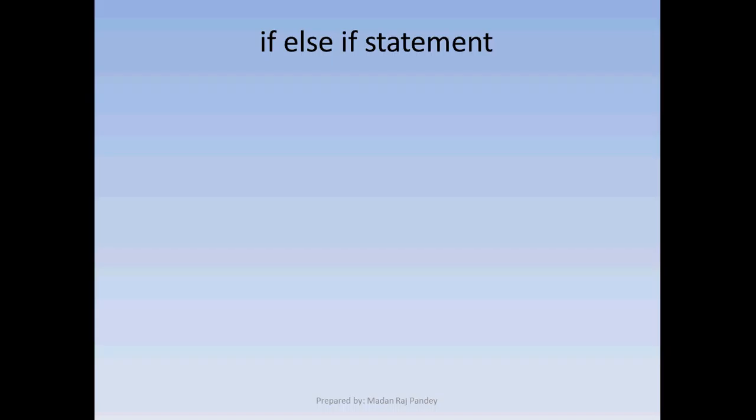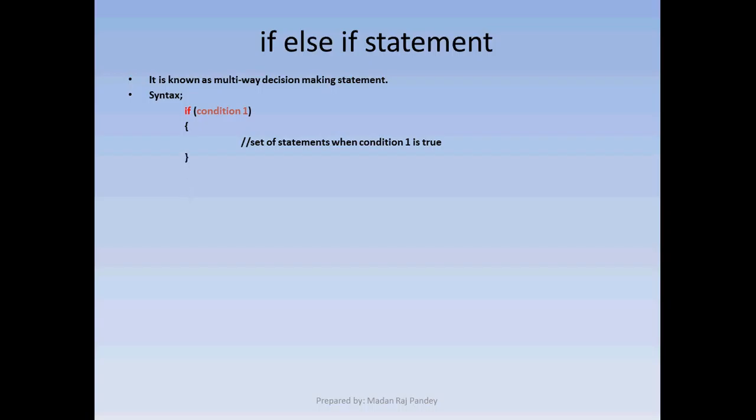So let's move on to our next section. It is the if else if statement. The if else if statement is known as a multi-way decision making statement. It is known so because instead of just stating what is to be done if the condition is true or false, it states multiple conditions. For example, if condition 1 is true, then the set of statements for condition 1 is executed, and if this condition is not true, it evaluates the other conditions.